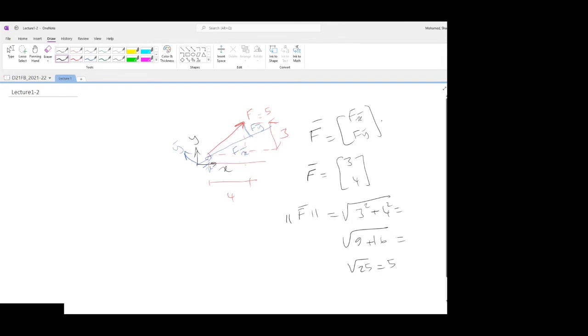But if you calculate the magnitude, you would always get this to be 5, because it is always the same force, all right? The force is not changing, the projection is changing. So this is a vector, the components may change, but the force would always remain the same.